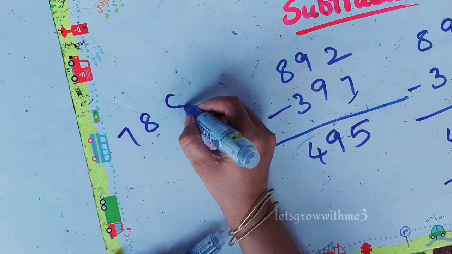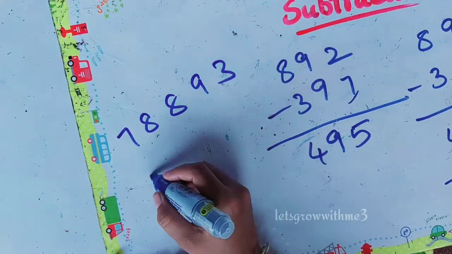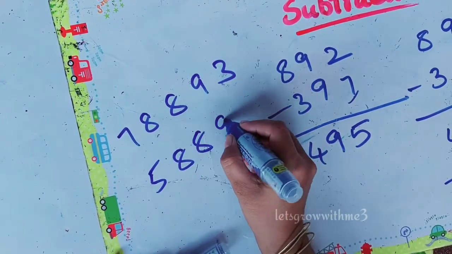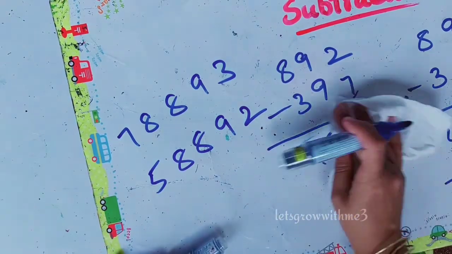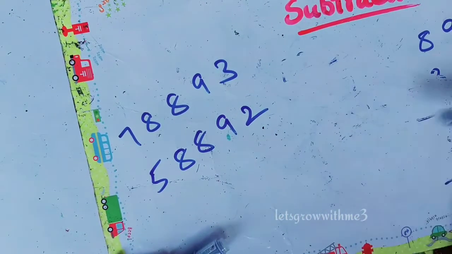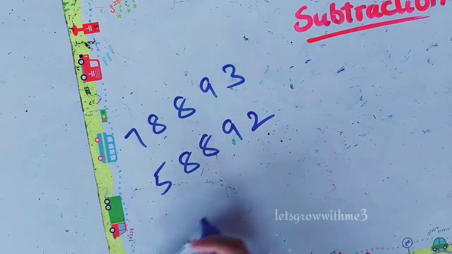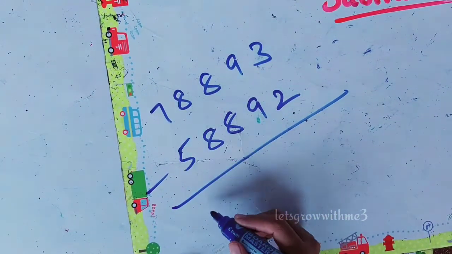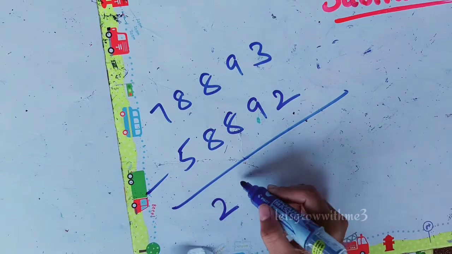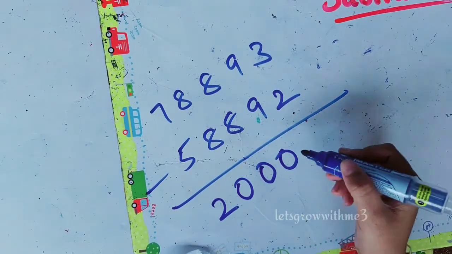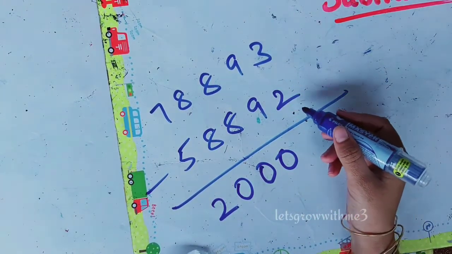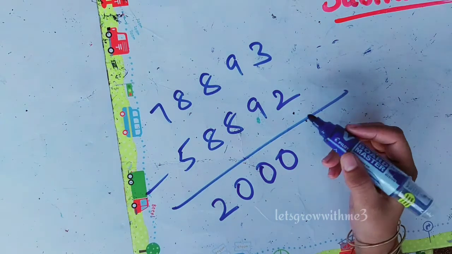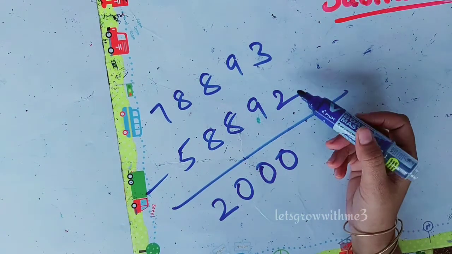So let me take one more example. 78,893 minus 58,892. I chose this example randomly. 7 minus 5 is 2. 8 minus 8 is 0. 8 minus 8 is 0. 9 minus 9 is 0. 3 minus 2 as it is. Here I didn't take a borrow combination.